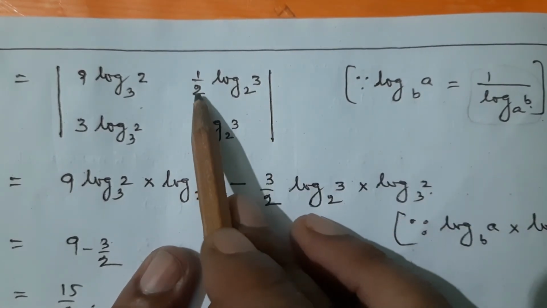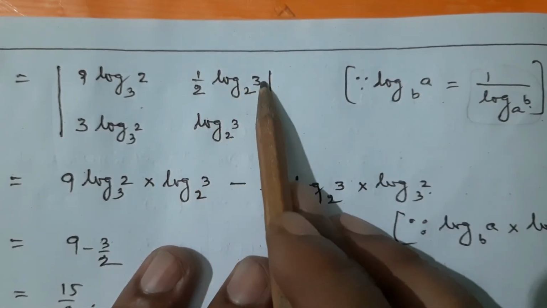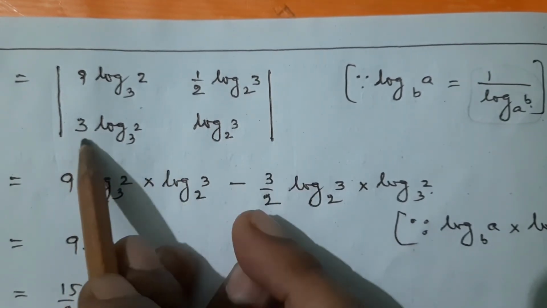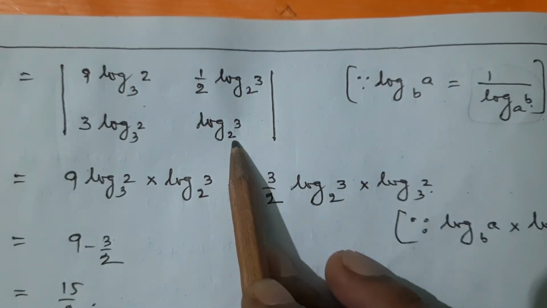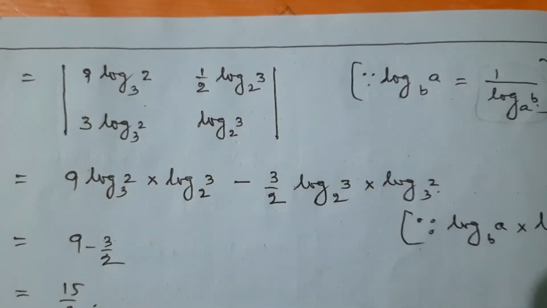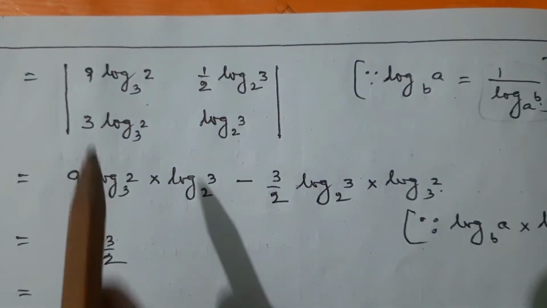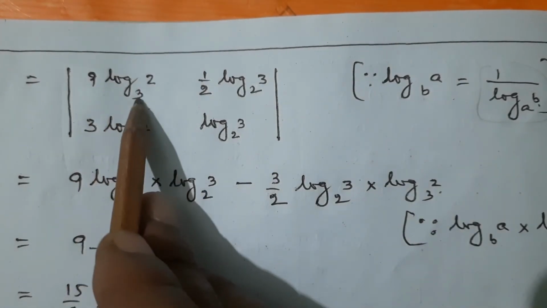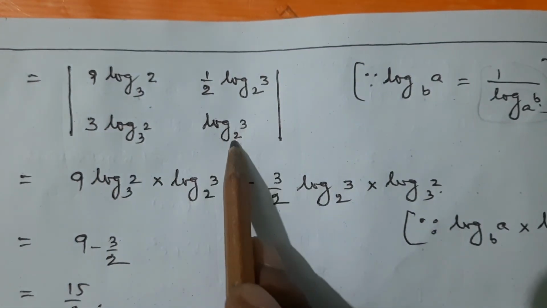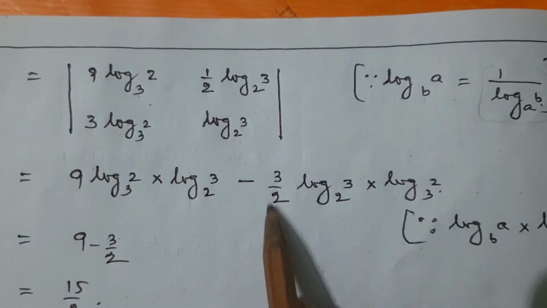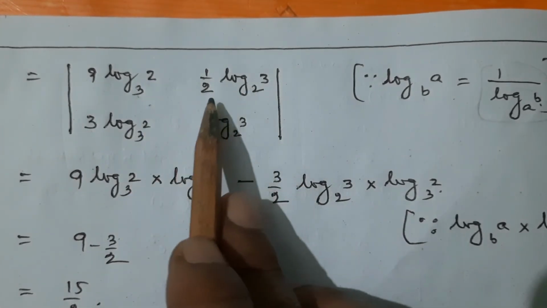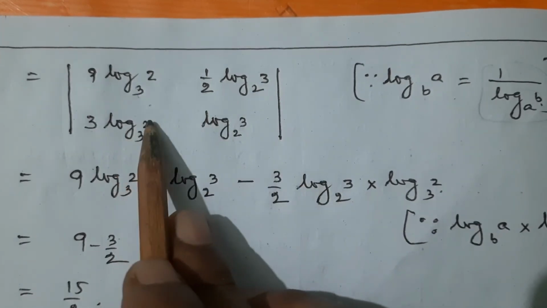Using this formula we get 1 into log 3 to the base 2, and 3 log 2 to the base 3 into log 3 to the base 2. So expanding this determinant, we get 9 into log 2 to the base 3 into log 3 to the base 2 minus 3 into half, that is 3 by 2 into log 3 to the base 2 into log 2 to the base 3.